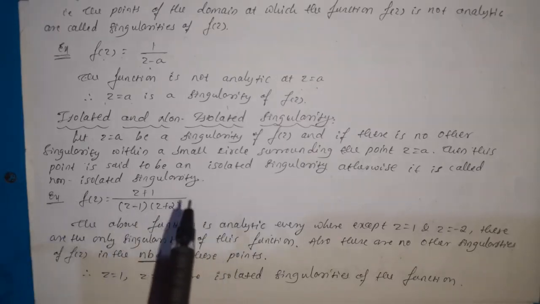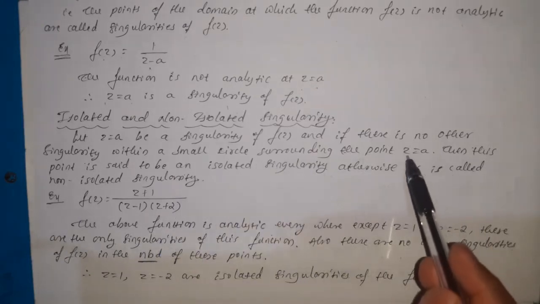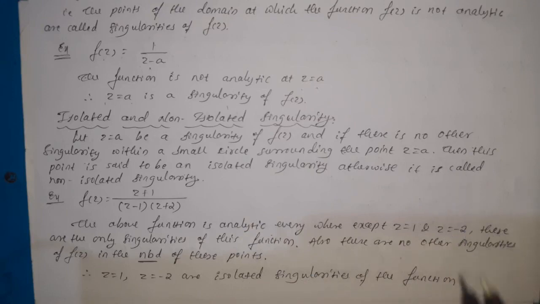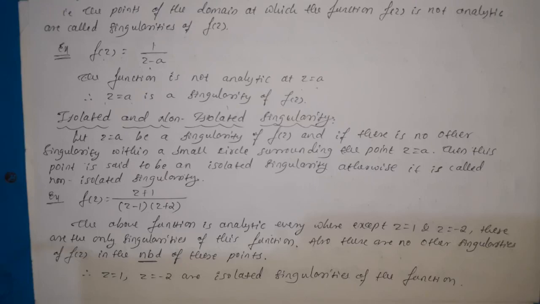If you draw a small circle surrounding that point, by considering z equal to a as the center and a very negligible radius, and after drawing that circle there are no other singular points in it, then that point is called an isolated singularity, otherwise it is a non-isolated singularity.